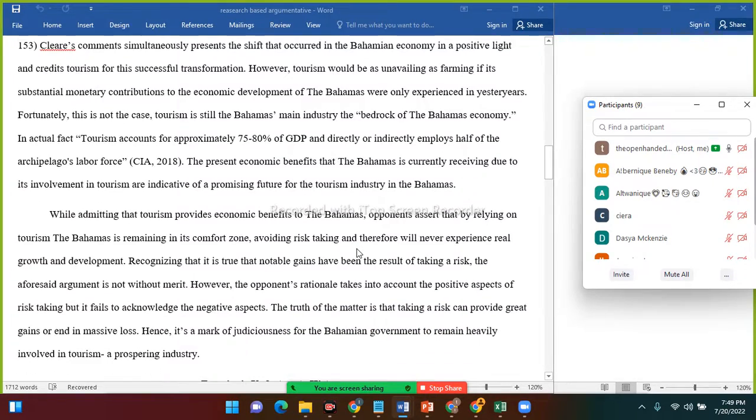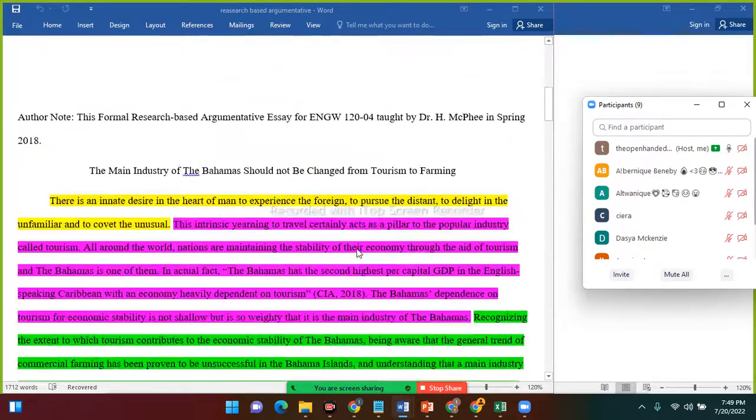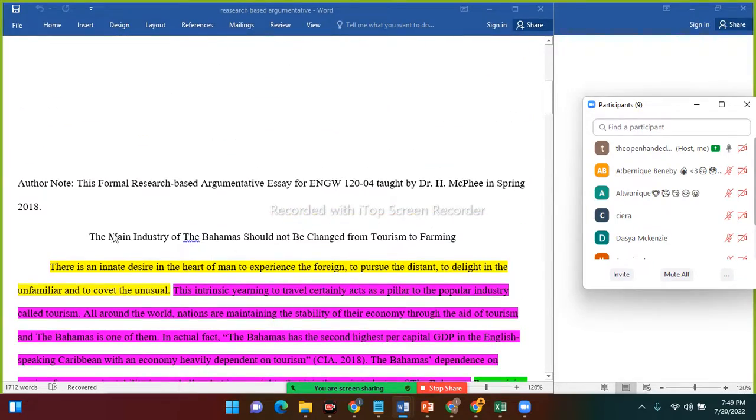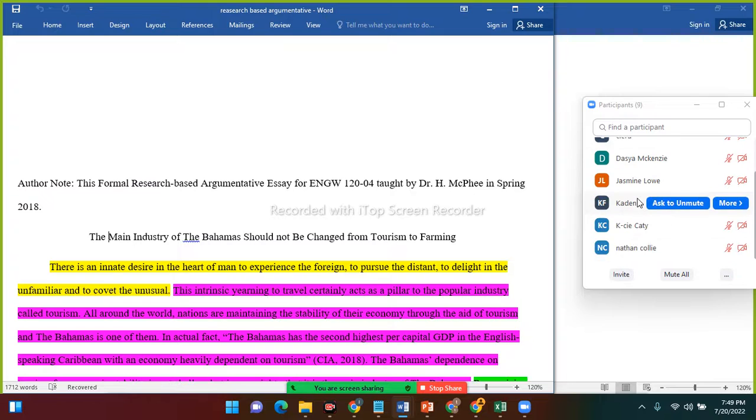So this essay is on the question, should we change our main industry from tourism to farming, right? That was the question. And what I said in this essay, I said, no, we shouldn't change it from tourism to farming because of different reasons.